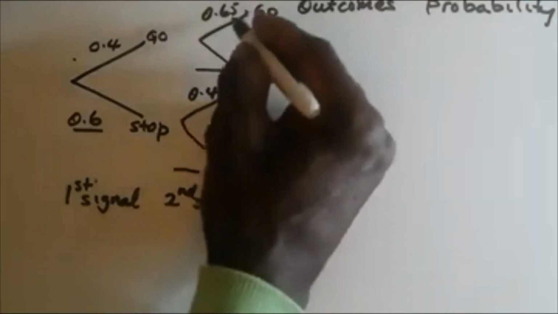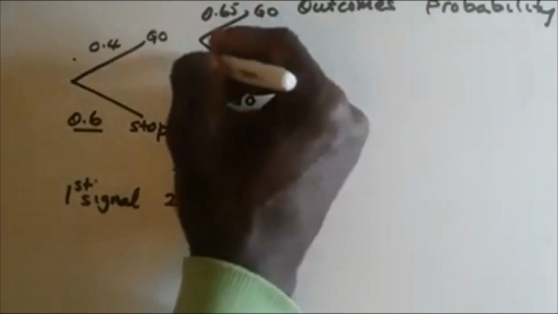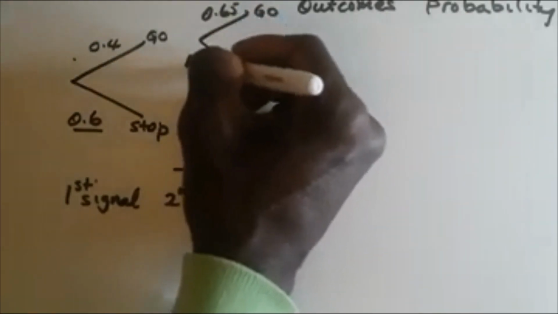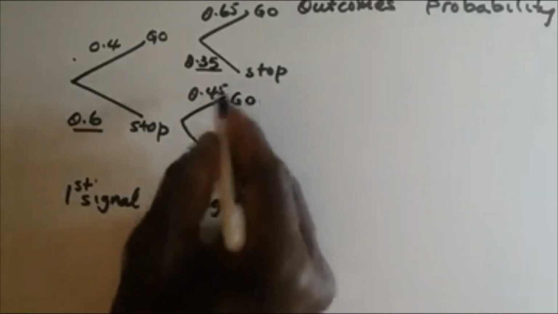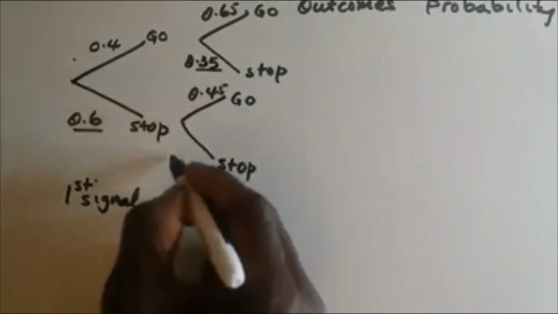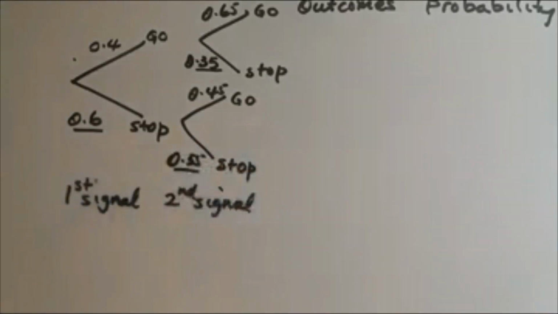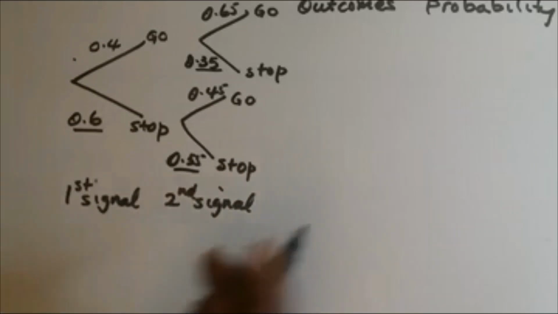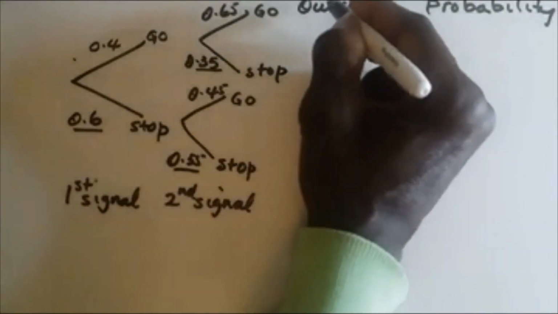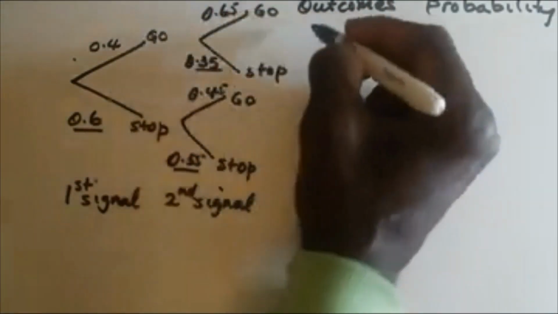Here again, if you have 0.65, then our stop will be 0.35, and go is 0.45, so this should be 0.55. Now let's go ahead and write out the outcomes. So we have first here, we look at go and go.